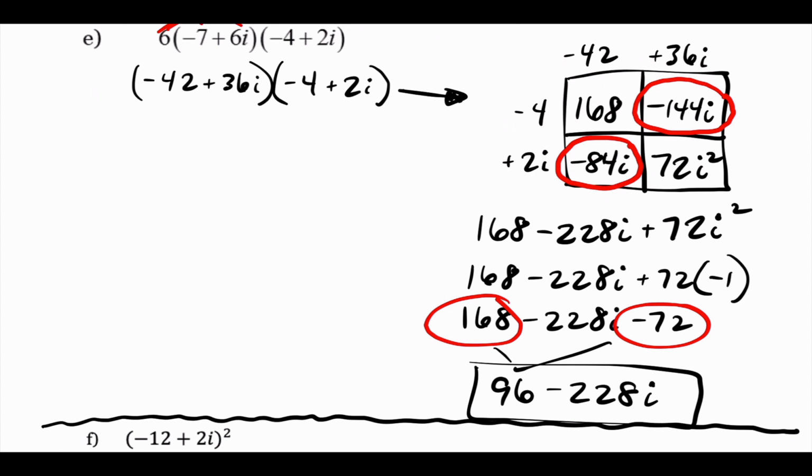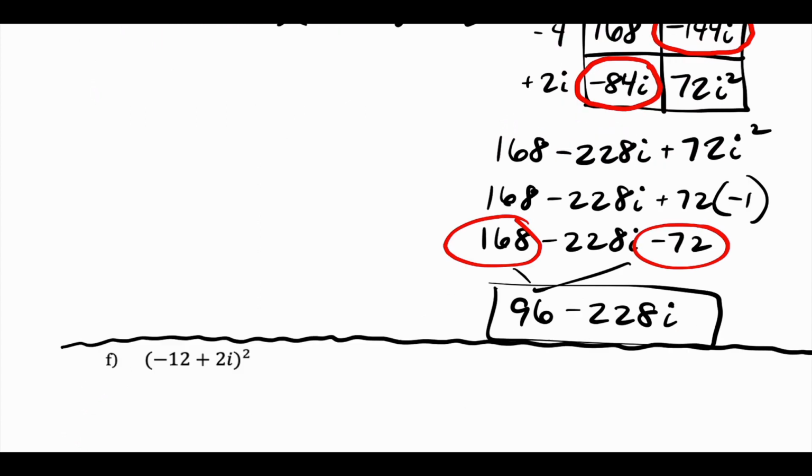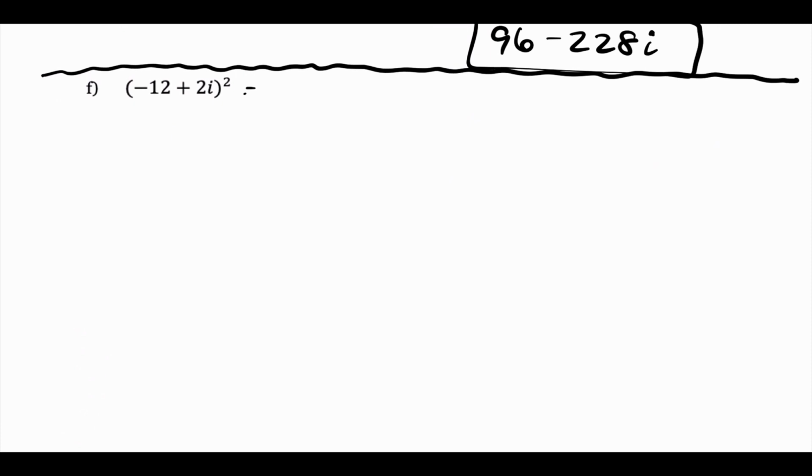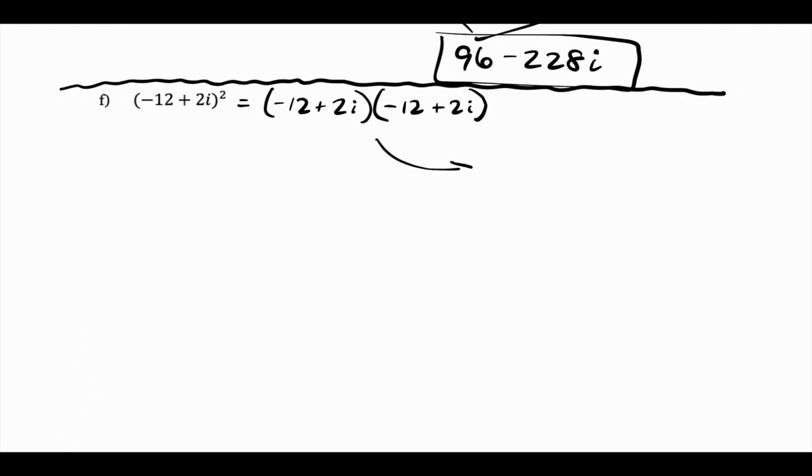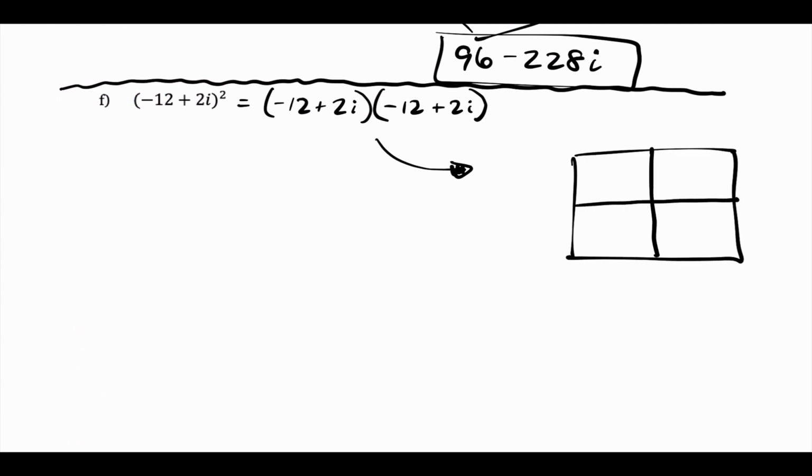F is squared. What does squared mean? Times itself. So I'm just going to rewrite it a different way. That makes a little more sense. Negative 12 plus 2i times negative 12 plus 2i. That's what it is, right? Well, we're going to do what we just did, make a table and multiply. Negative 12, positive 2i.